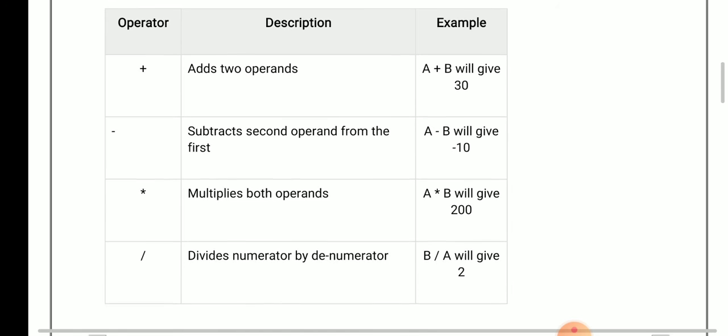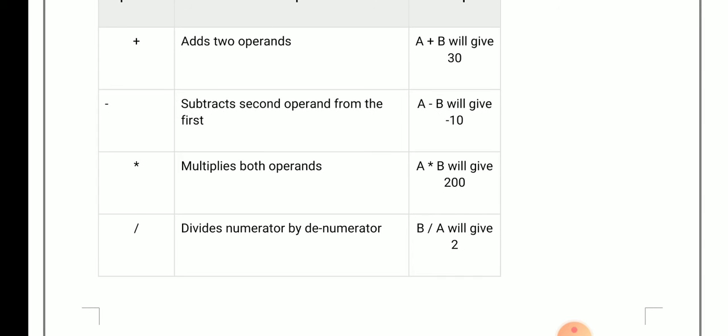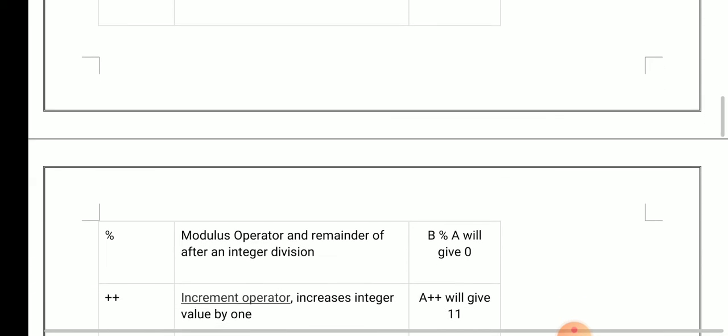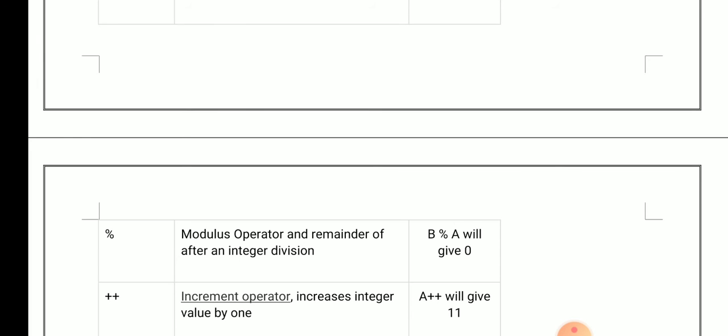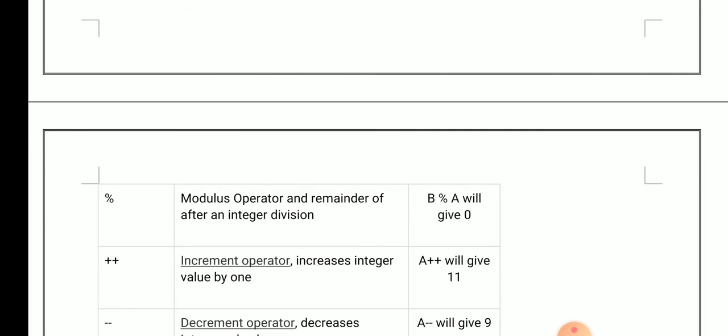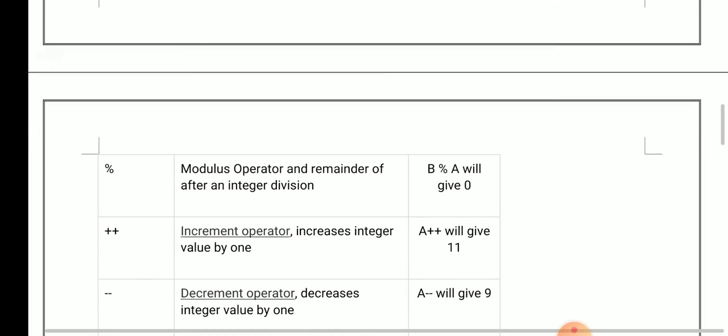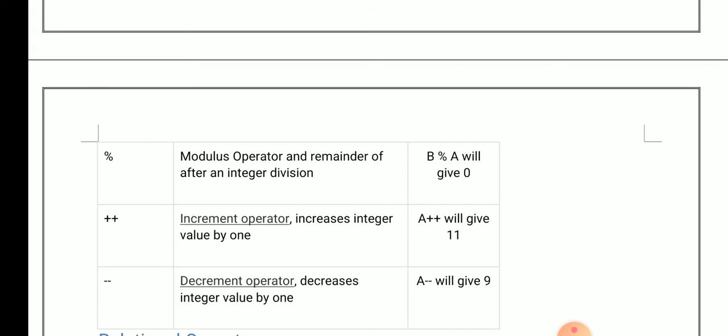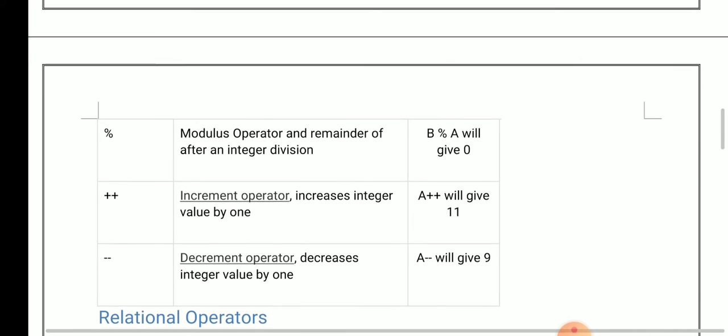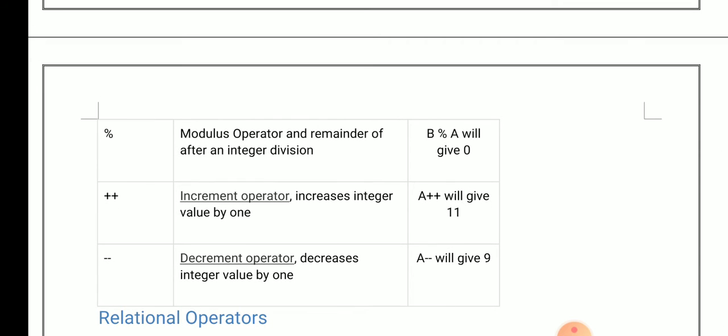Then we have another operator that is used for division. Then we have the modulus operator, which gives us the remainder of integer division. Then we also have the increment operator, which is used to increase the value of an integer by 1. Then we have the decrement operator, which is used to decrease the value of an integer by 1.